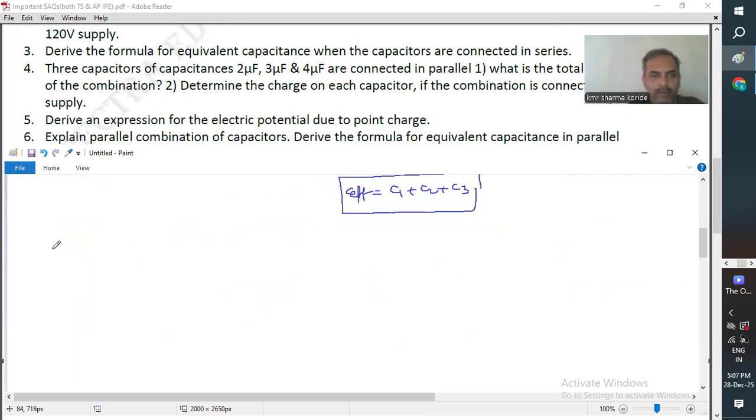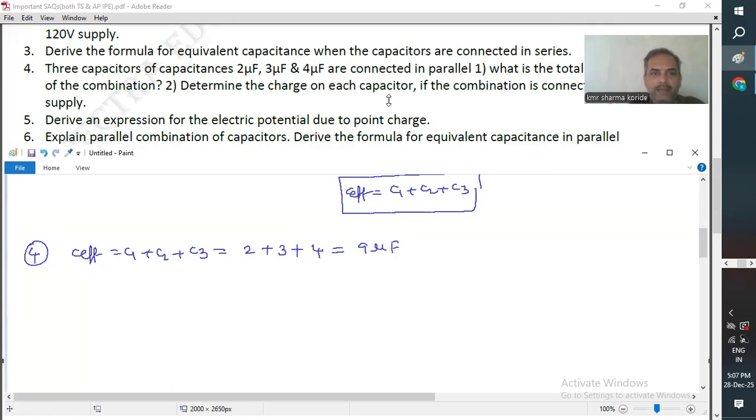So when capacitors are connected in parallel, C effective we write as C1 plus C2 plus C3. So 2 microfarad, 3 microfarad, and 4 microfarad: 3 plus 4, 7, 7 plus 2, 9. So the answer is 9 microfarad. This is the answer for part 1.